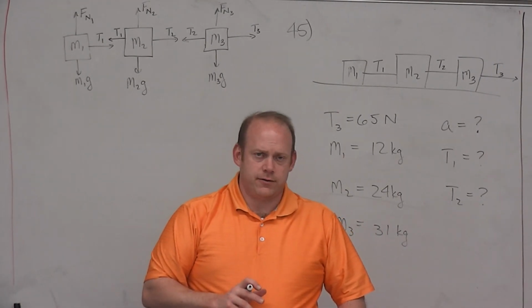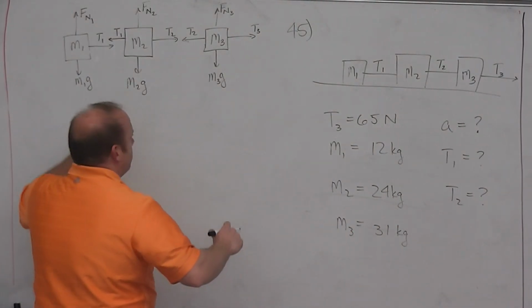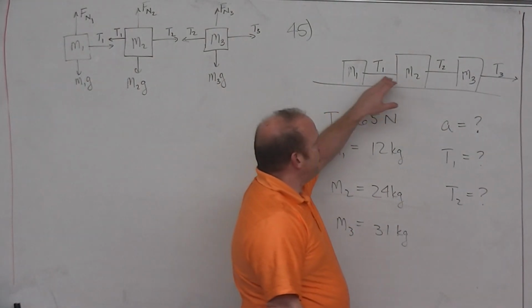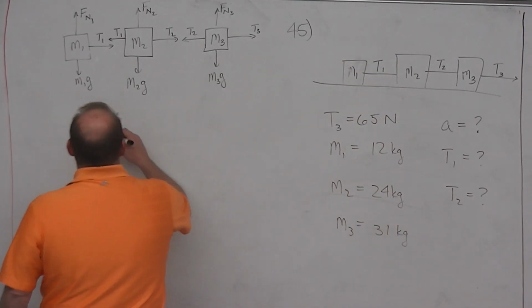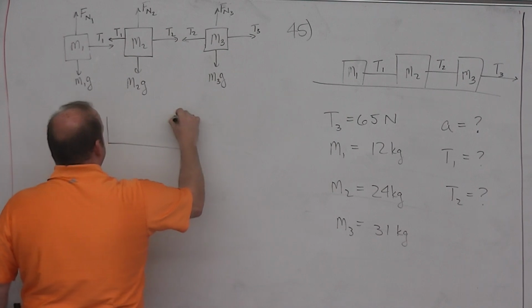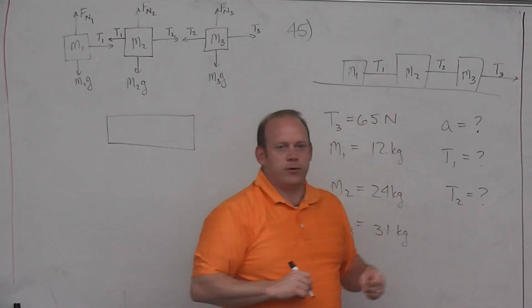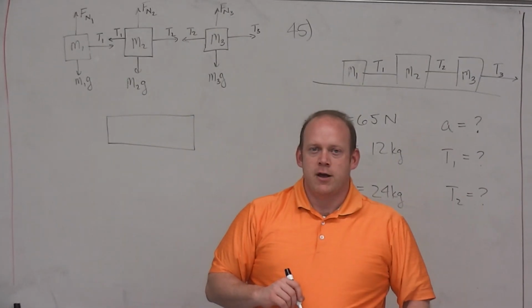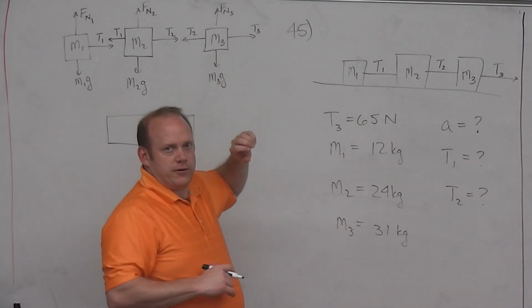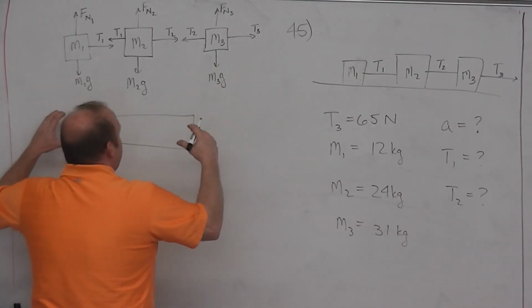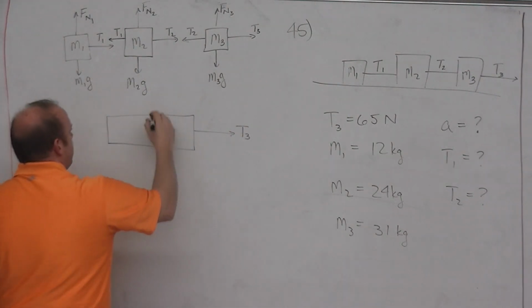There are situations, this one in particular, where it's good to look at this as one big massive system. If that's one big massive system, you could write it like this, right? And all we would do is treat T1 and T2 as internal forces, okay? Because to the whole system, the T1s cancel out, the T2s cancel out. So as one big massive system, I've got T3 that pulls to the right.